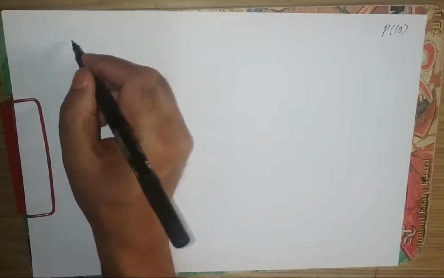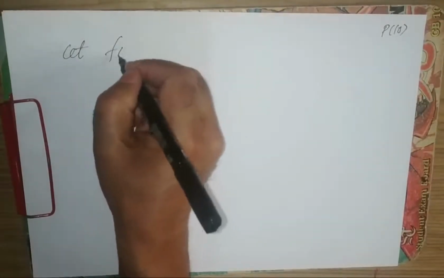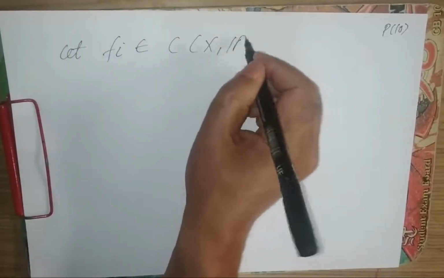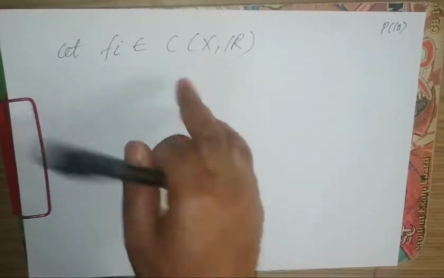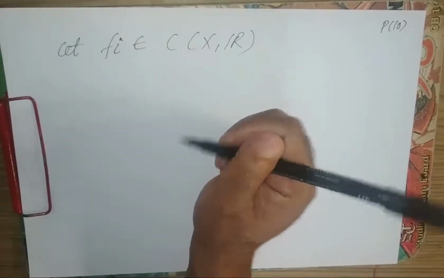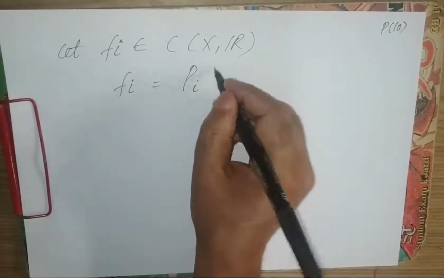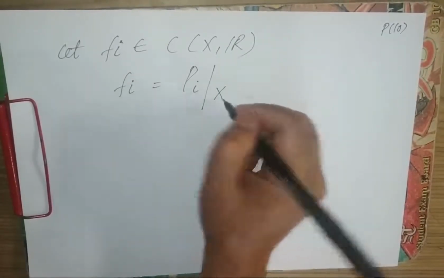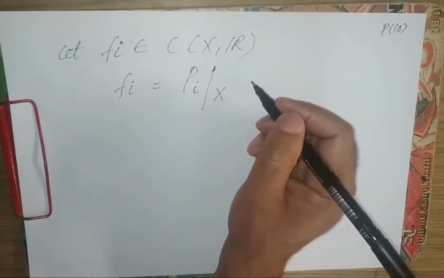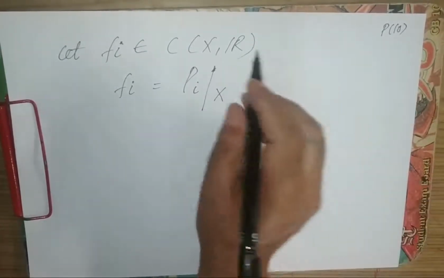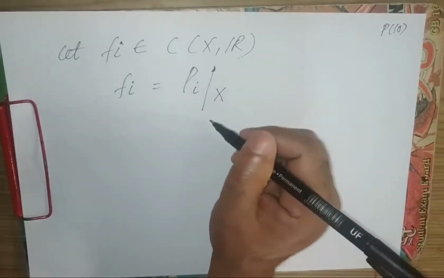Now this is again simple actually. Let fi belong to C(X, R). So it's a bounded continuous function on X. This fi is equal to the restriction of Pi to X. Now what's the extension actually here?